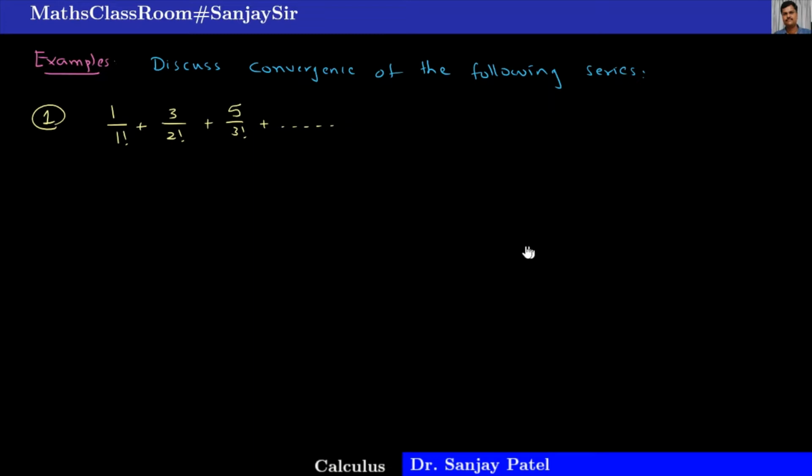Now the main thing is when to apply which test. There is no rigid rule, but for understanding purposes, you can remember that whenever we have factorial terms or some simple polynomial type of terms, it is better to use the ratio test.